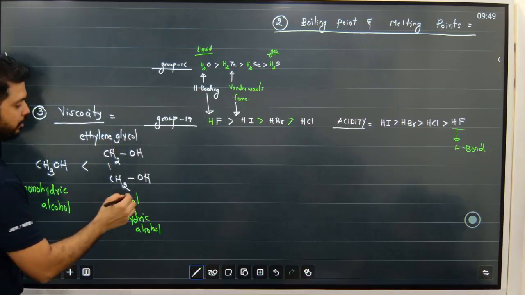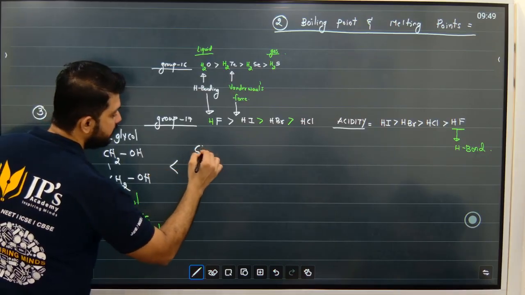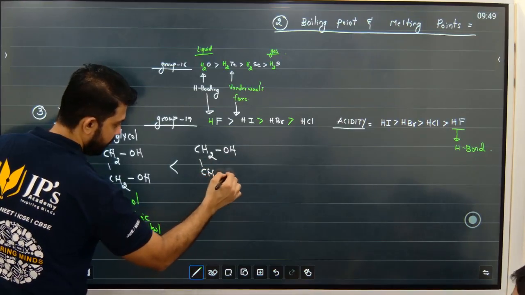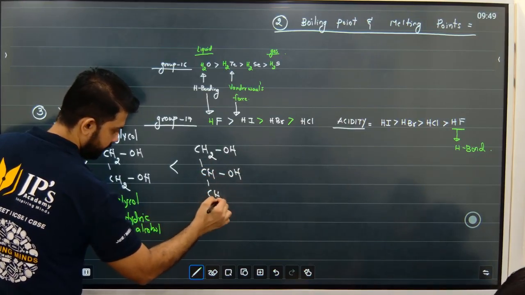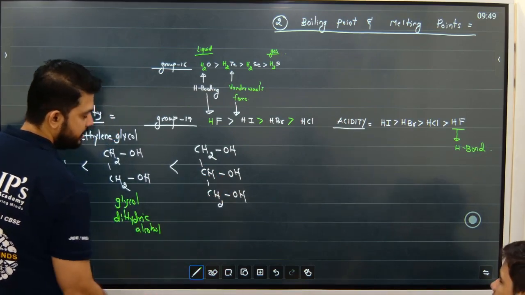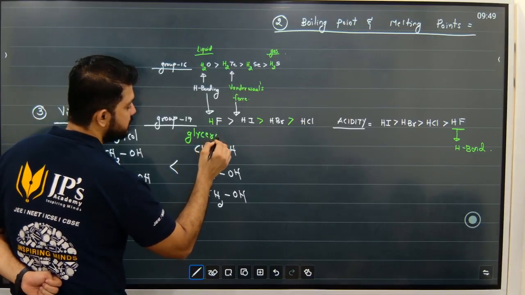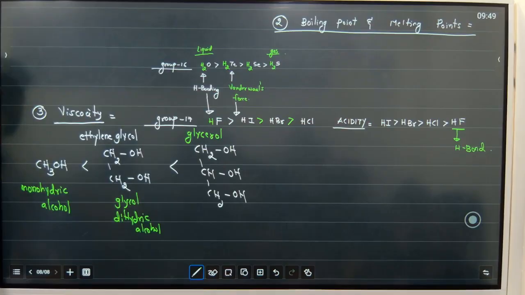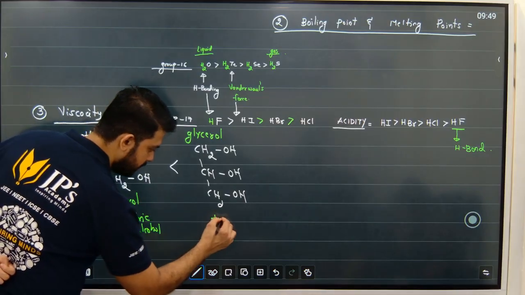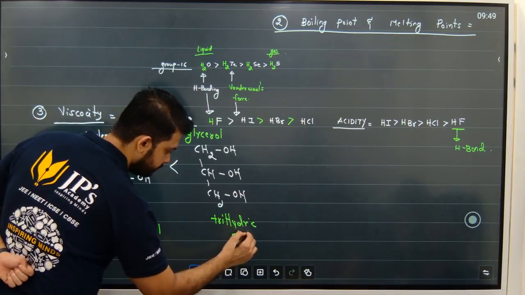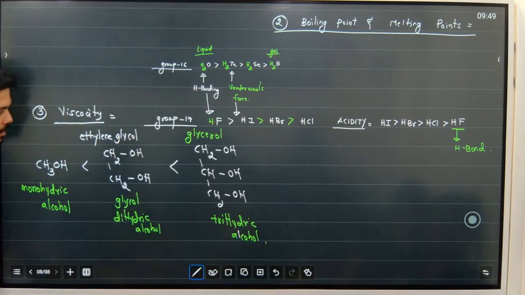And when I compare that with 3 OH containing alcohol, trihydric alcohol, this particular trihydric alcohol को हम बोलते हैं, everyone has this at home in your soaps, glycerol. Glycerol is called as a trihydric alcohol. Who will have the most number of hydrogen bonds?